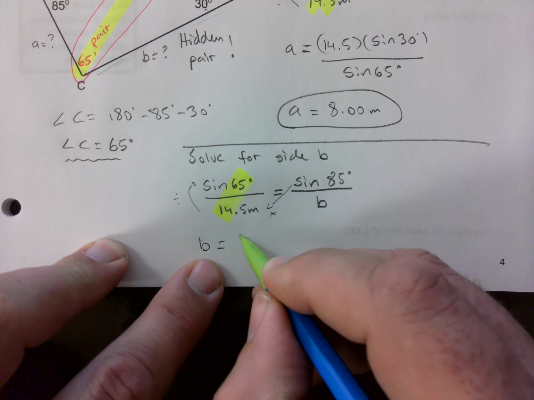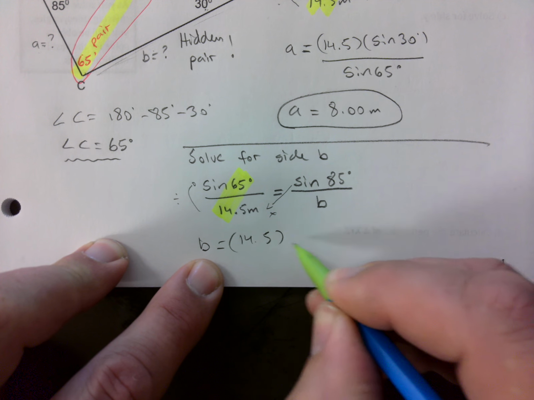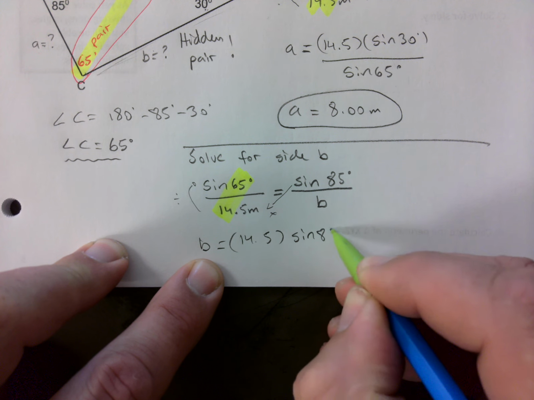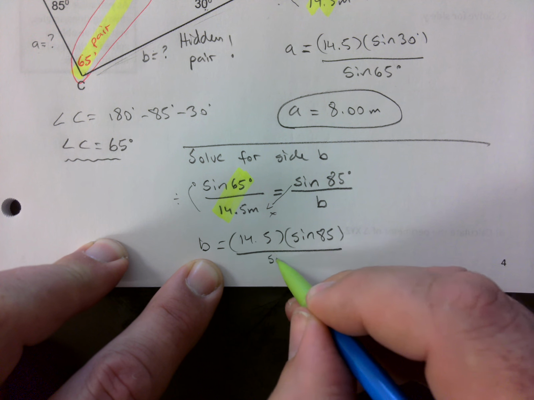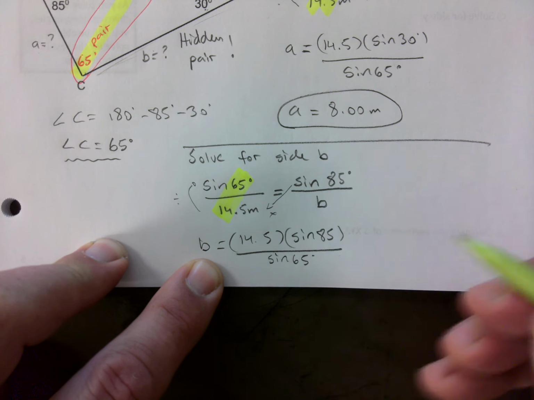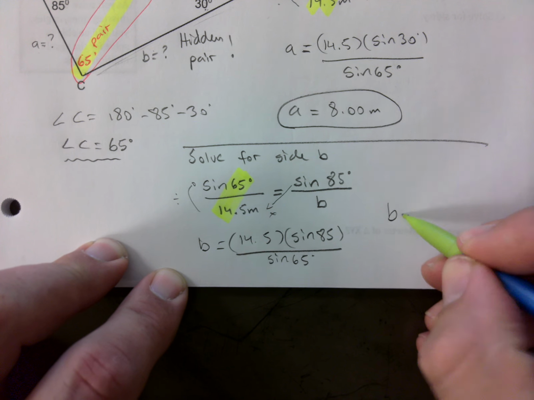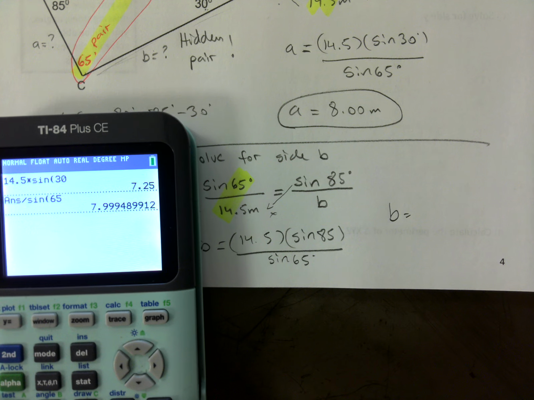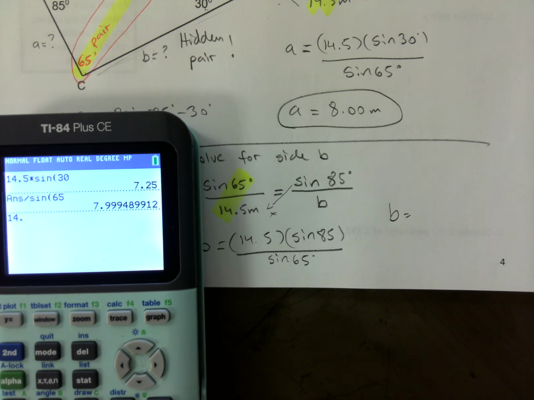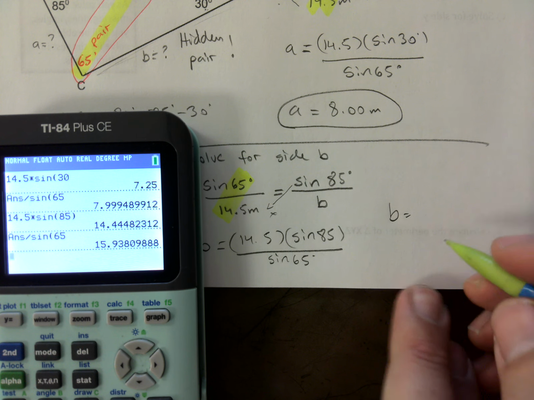Okay. So 14.5 times sine of 85 divided by sine of 65. So if you don't mind entering that, just to practice, right? That won't hurt you. 15.94.